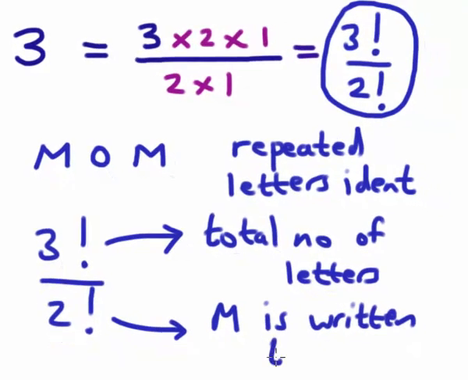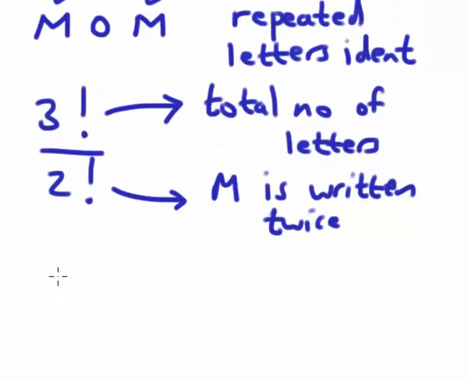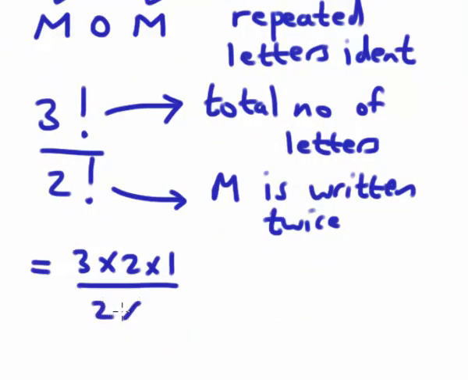There's one letter M, and it's written twice, so you write 2 factorial there. If you work that out, you've got 3 factorial, which is 3 times 2 times 1, over 2 factorial, 2 times 1, which gives 3 possible ways that you can arrange the letters in the word mom if the letters are identical.